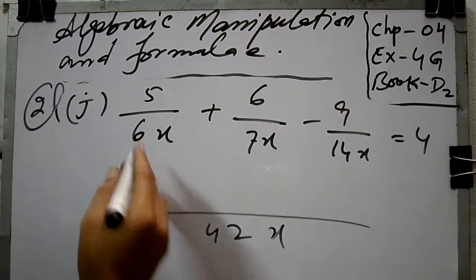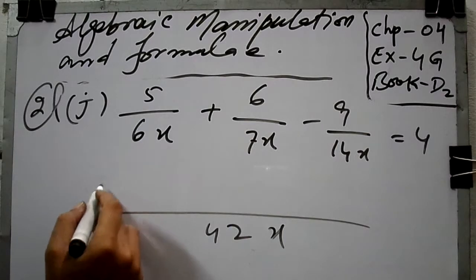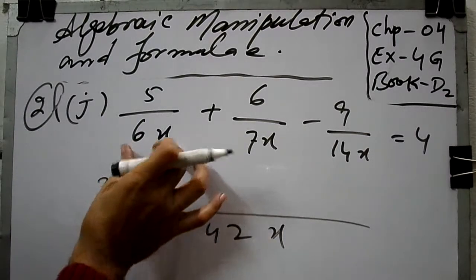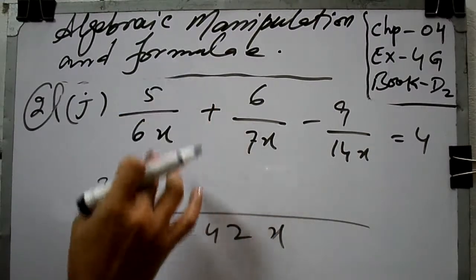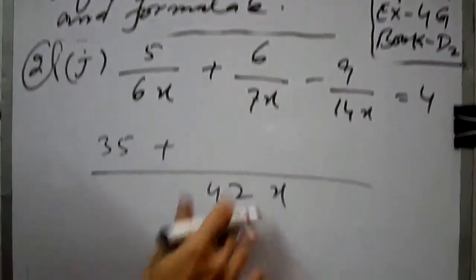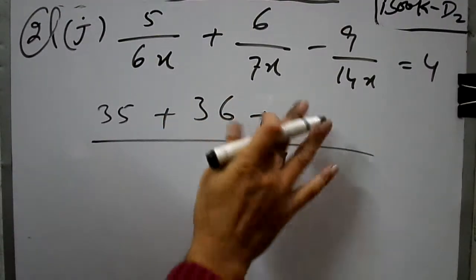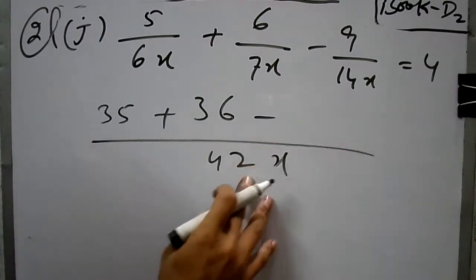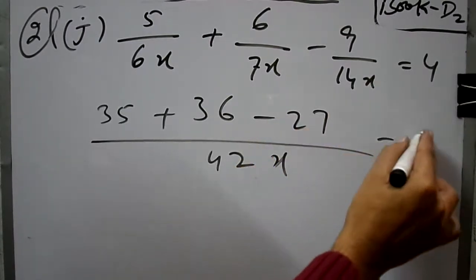So 42 is your LCM. So what should you do? You will get your LCM is divided by the denominator. You will get 7 multiplied with this, so you will get 35. Similarly, 6 6 are 36, and 9 is 27 is equal to 4.